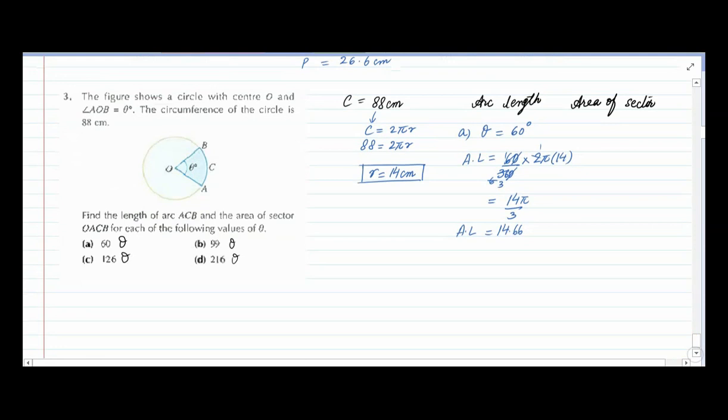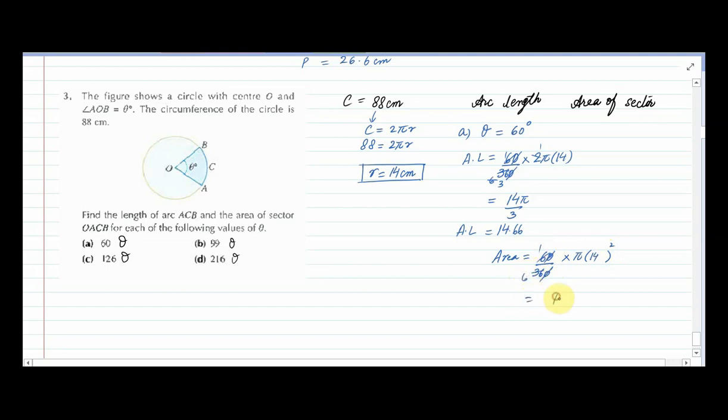And for area, working formula is angle divided by 360 into pi r square. The value of r is 14. Simplified, 6 times 1, 6 times 6.